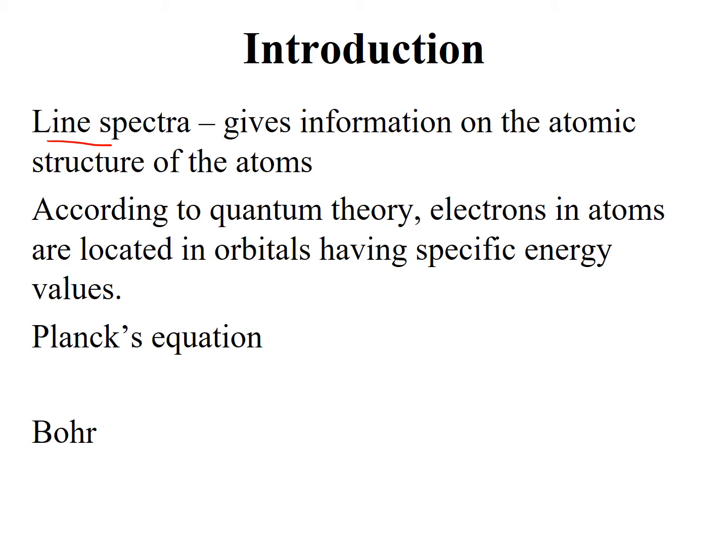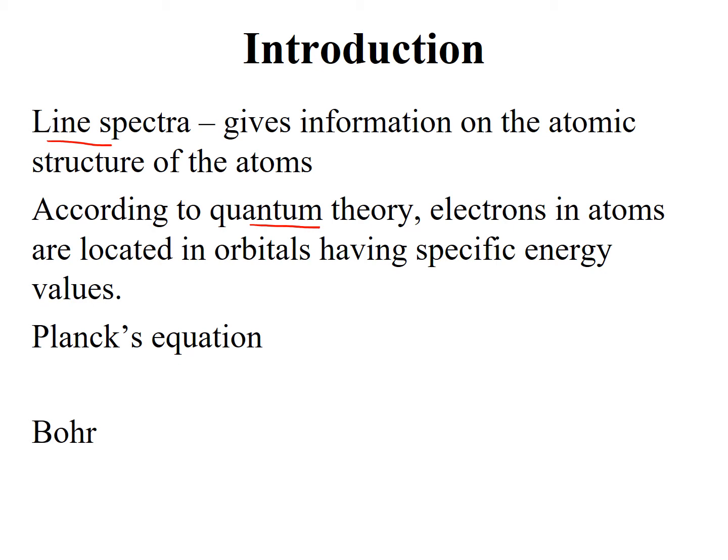The atomic emission spectrum of elements can be interpreted in terms of the quantum theory. According to the quantum theory, electrons in atoms are located in orbitals having specific energy values. That is, atoms can only exist in certain energy states.